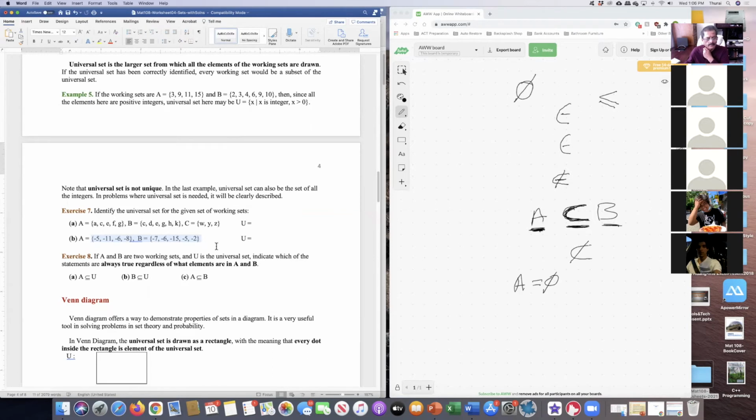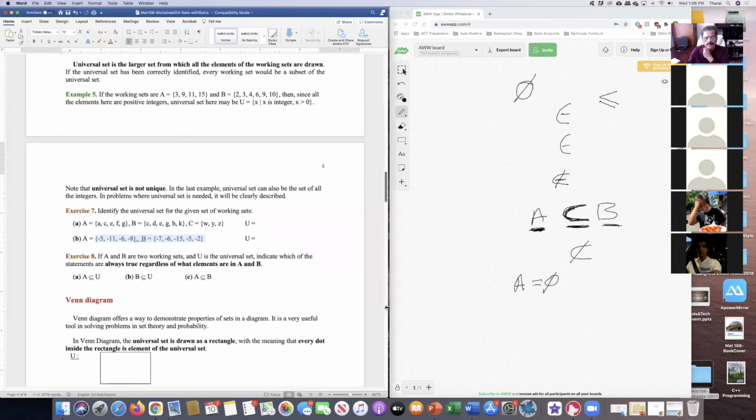I have a question. Sure. When we make it the universal set, do we have to write it like x is an integer and x is greater than 0? Do we have to put the words first and then the symbols? Yes, you have to use set builder notation like this.